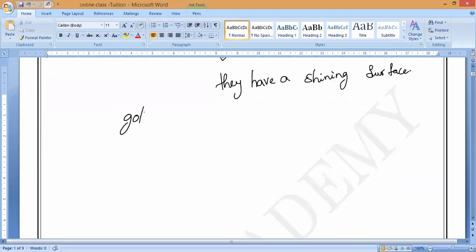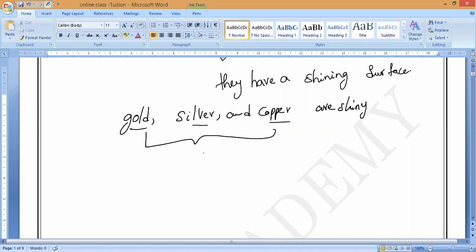If we take gold as well as silver and copper, these all are having what? Gold, silver, and copper are called shiny metals. And you can see gold, silver, copper can be polished. Is it yes or no, guys? Please respond to me.